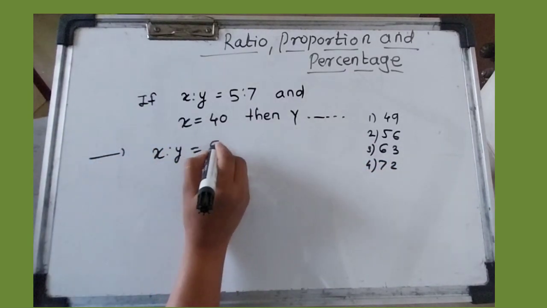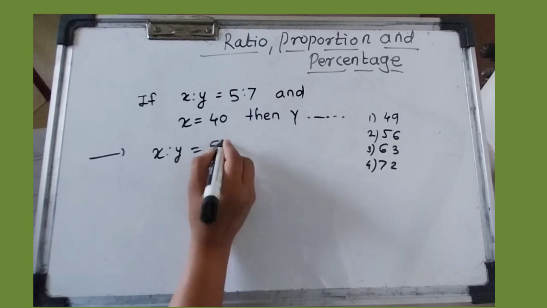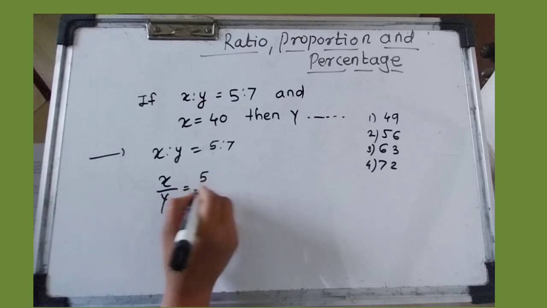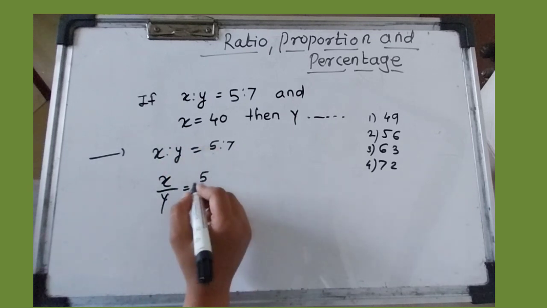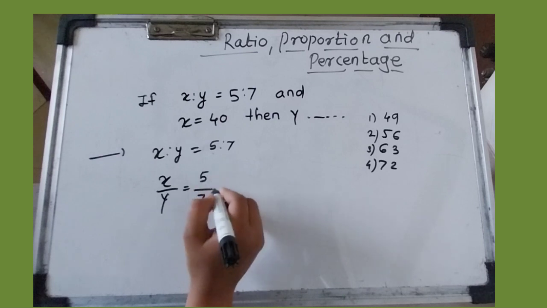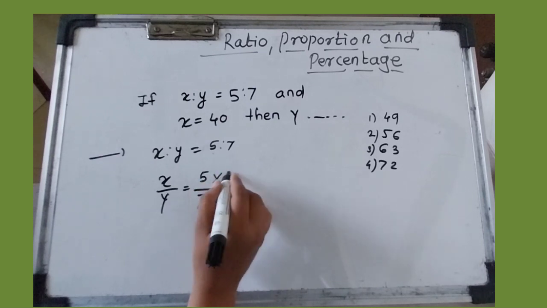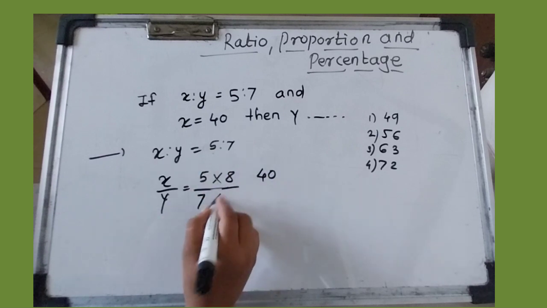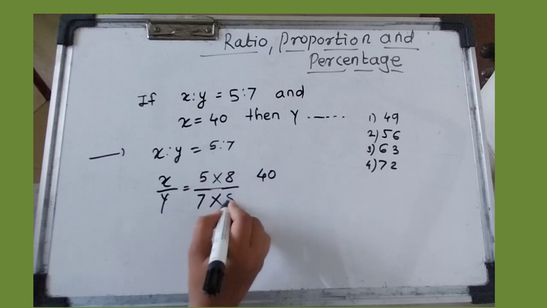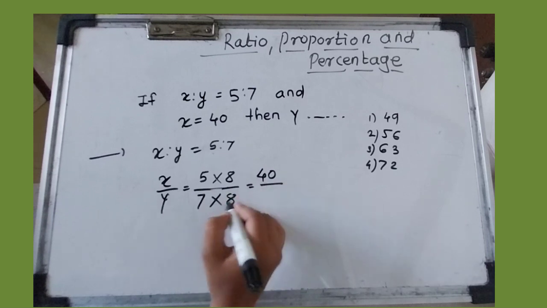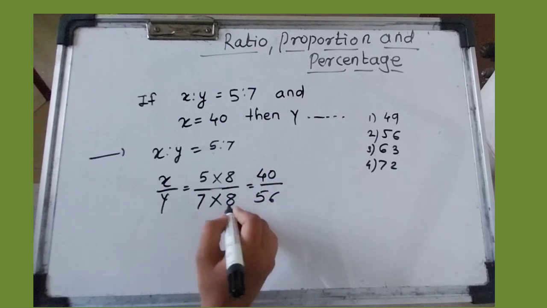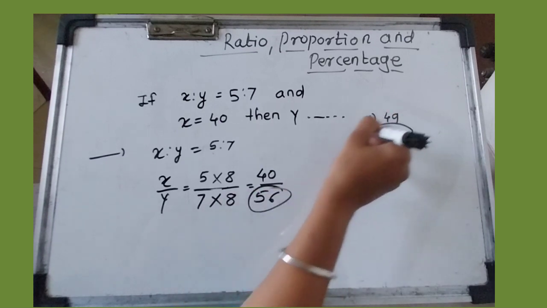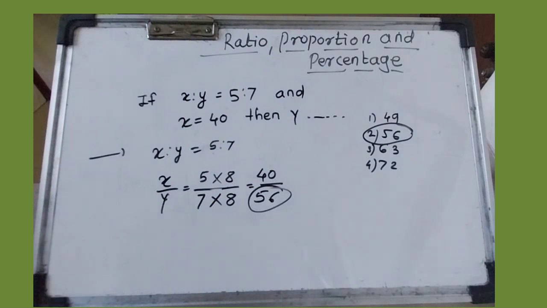X is to y is 5:7. So I write it as x upon y equal to 5/7. X is 40. X is 40 means what? If I multiply 5 by 8, 8 5s are 40. Similarly, here also I multiply by 8. So it is 40 upon 56, 8 7s are 56. So the answer is 56. Clear?